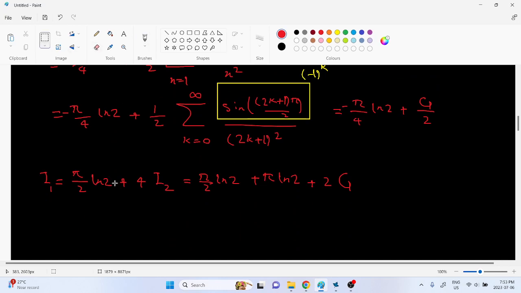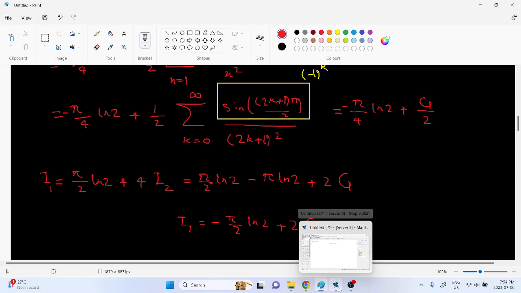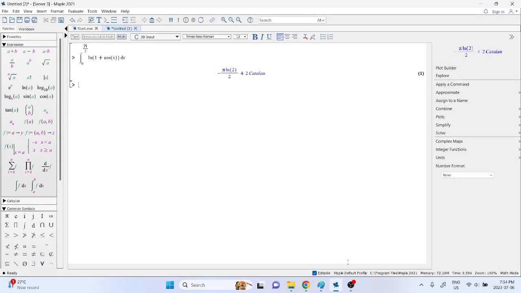So 4 times I2, this term becomes negative. So finally we get I1 as negative pi by 2 natural log of 2 plus twice the Catalan's constant. And I think I already verified this result using my Maple software.